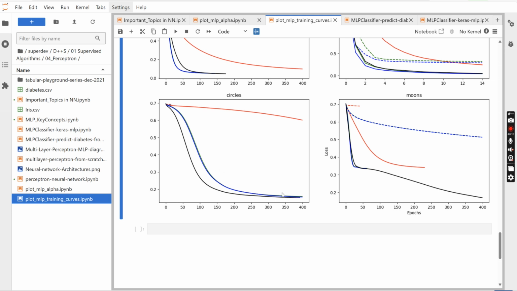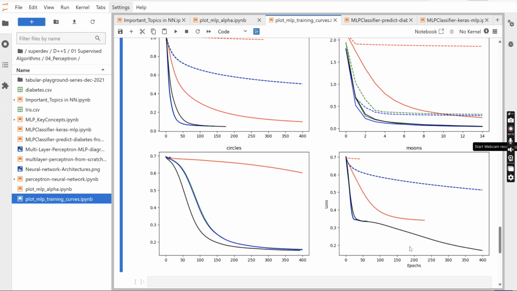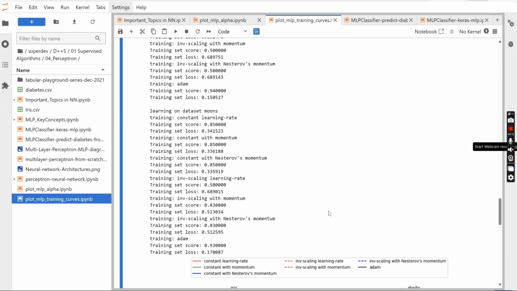Either Nesterov momentum or Adam. Here also notice the disadvantage is Nesterov momentum is unable to decrease the loss after a certain period of time, because it fails to decrease the loss, it stops, whereas Adam keeps going. So in all the four different datasets, Adam is the winner. That's why we prefer using Adam as the solver.